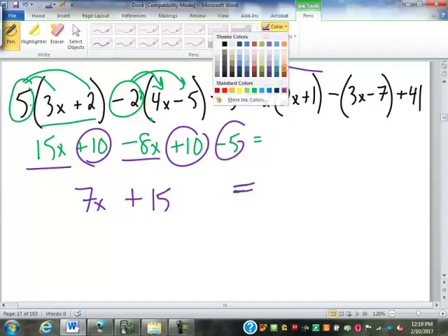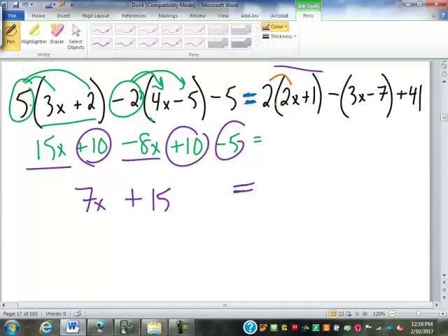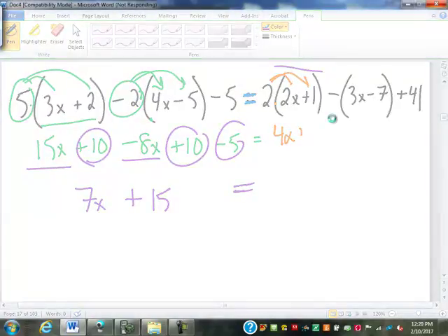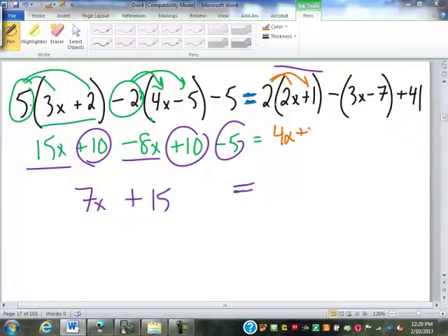Now we're going to do the same over here. We have 2 times 2x is 4x. 2 times 1 is positive 2. This one's a little tricky. What are we distributing in this parentheses? A negative. We think of that as being a negative 1 times the parentheses.